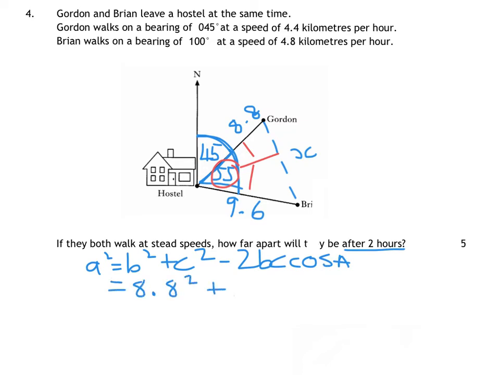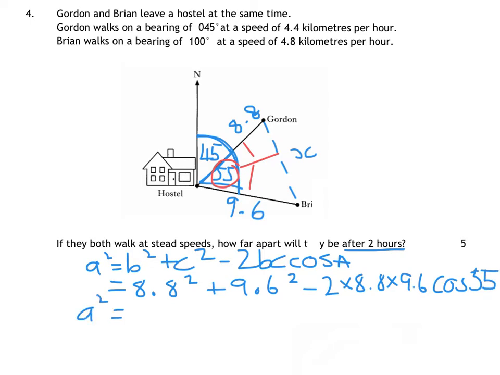So it's 8.8 squared plus 9.6 squared, take away 2 times 8.8 times 9.6 times cos, and your angle in the middle was 55. You then just go straight to your calculator and work that out all in one go. And we get 72.68888, keeps going, and then we square root that because that's what a squared was.